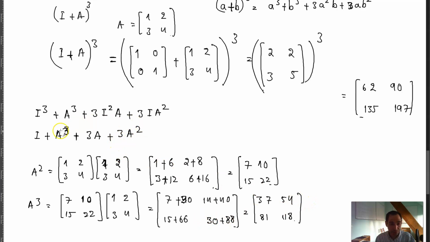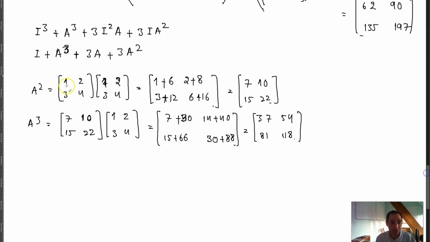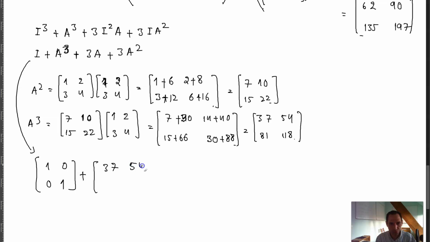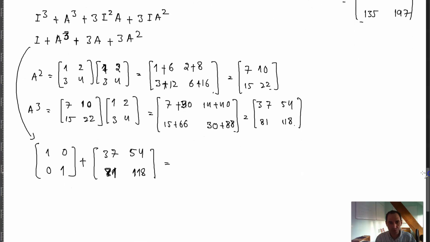Now if I write this as, and therefore this is equal to 1001 plus a cube, which is basically this matrix, 37, 54, 81, 118, and 3a would be 3 times basically 1, 2, 3, 4.